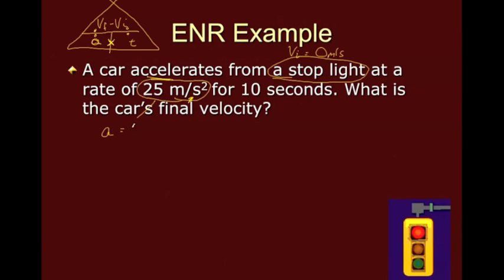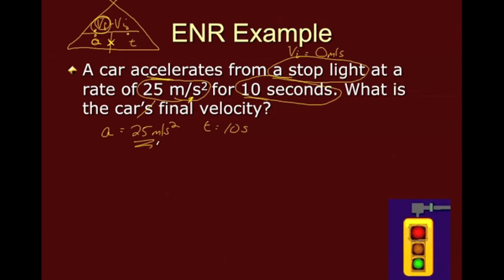So the acceleration equals 25 meters per second squared. And it gives you the time. So if the time equals 10 seconds, what is the car's final velocity? Oh, so we're looking for final velocity up here. So it gave us an initial velocity, which is 0. So whatever we get is going to be our final velocity.